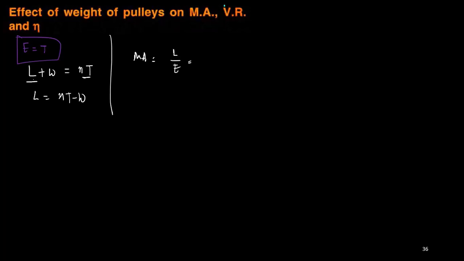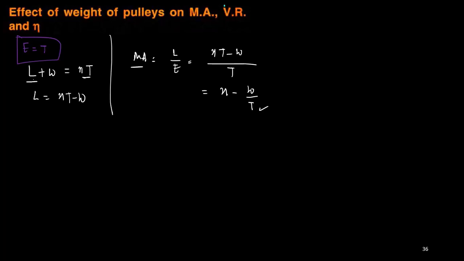That should be equal to NT minus W divided by T, or we can say N minus W by T. That is the mechanical advantage.